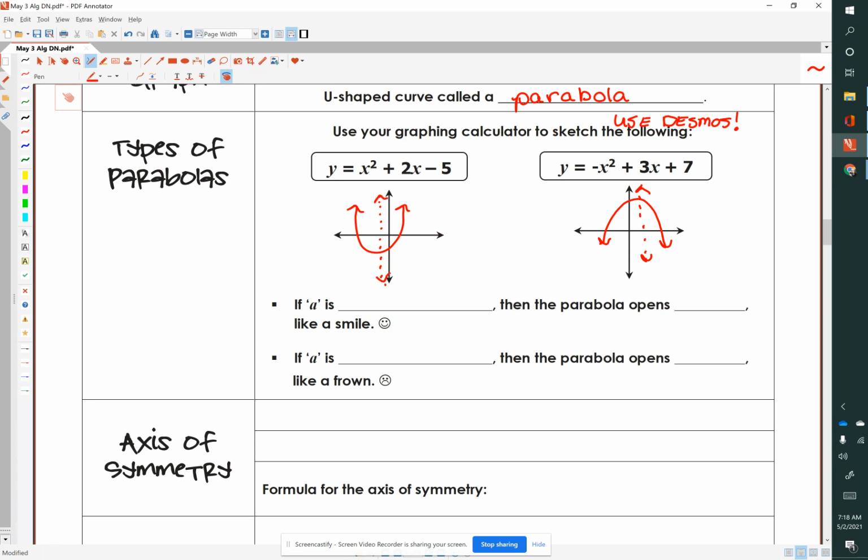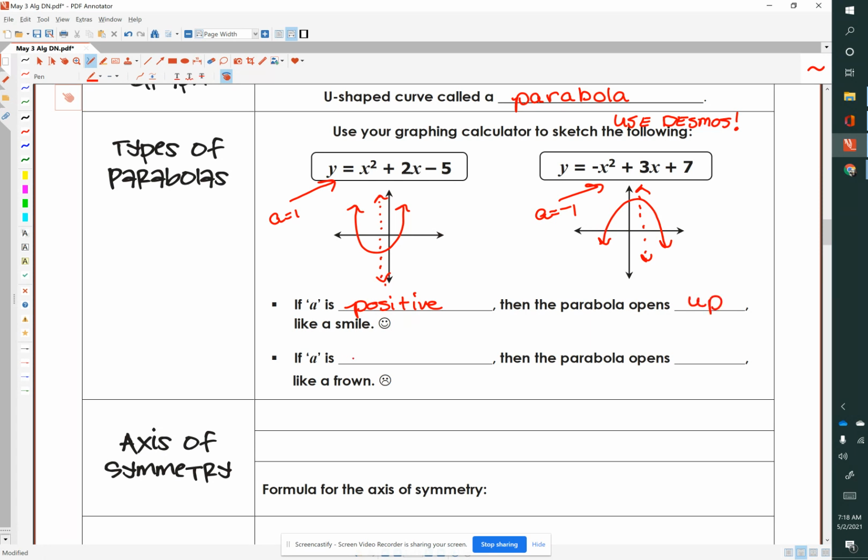Now, look at this a value. In the case of the first quadratic, a equals 1. In the case of the second quadratic, a equals negative 1. So if a is positive, the parabola opens up, upward facing, like a smile.